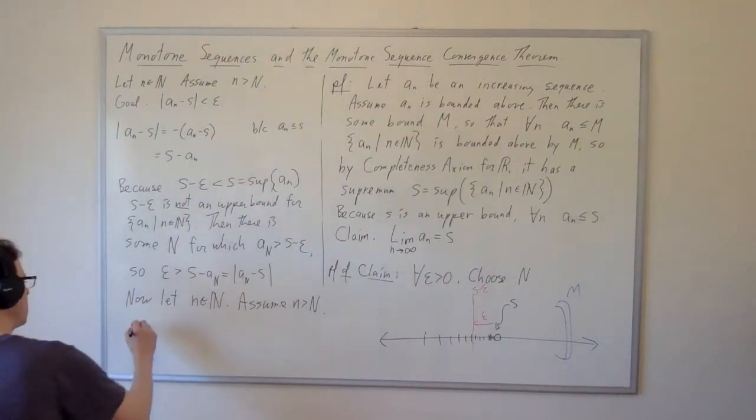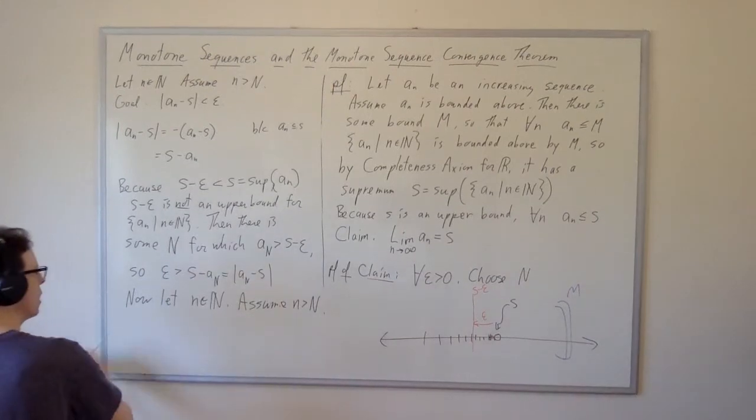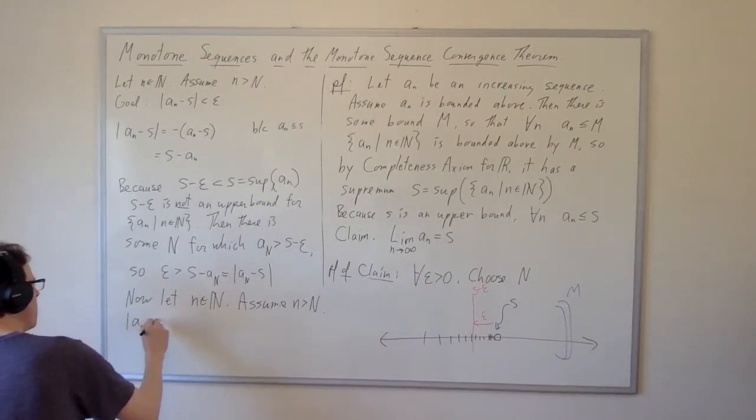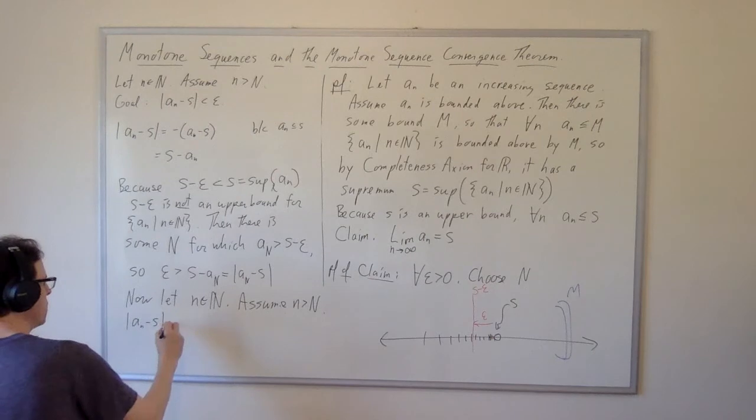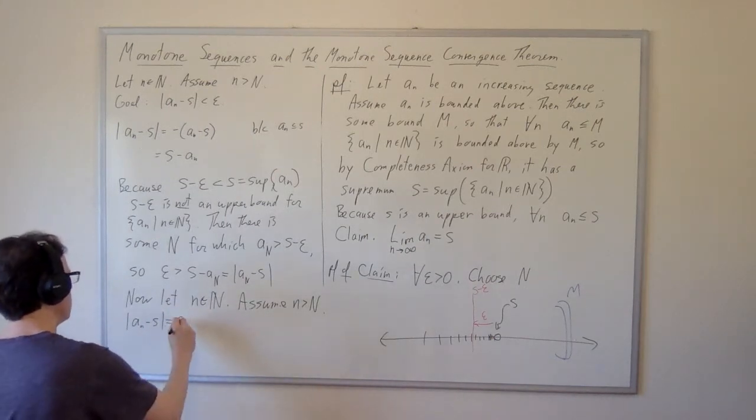Well, the absolute value of a sub n minus s, which is the actual term of interest, is still equal to s minus that value.